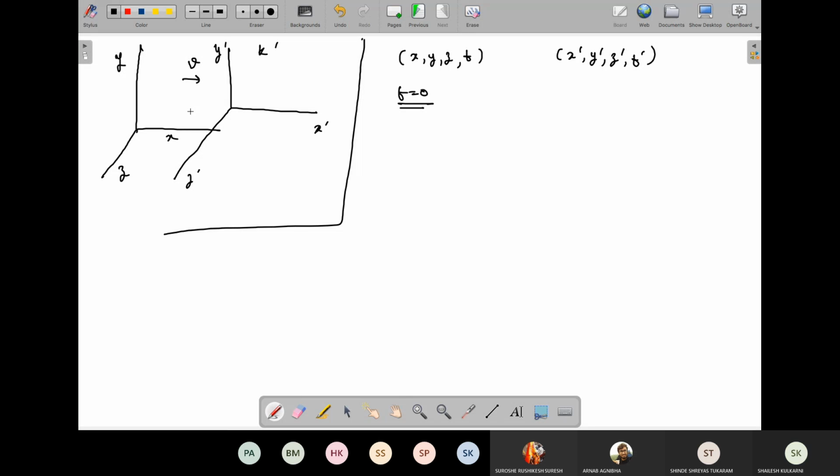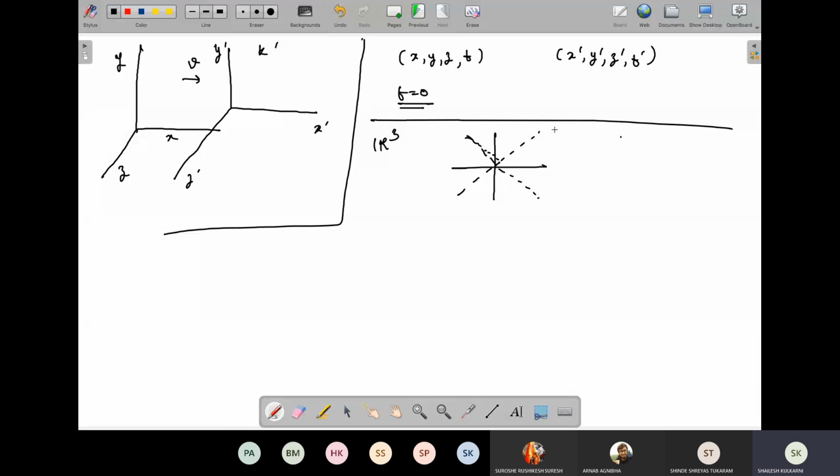Okay, so let us go to your R3. In three-dimensional space, suppose I have two frames, and this dotted one is another frame. Dotted lines represent the prime frame, so it is the x prime, y prime axes, and this is x and y. How do you derive the relation between these two frames?